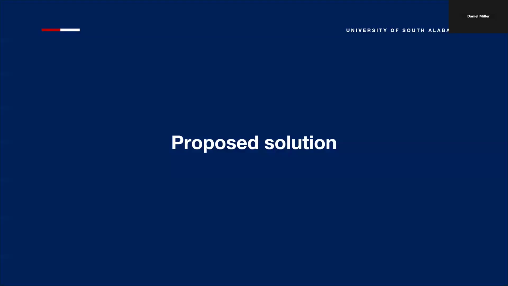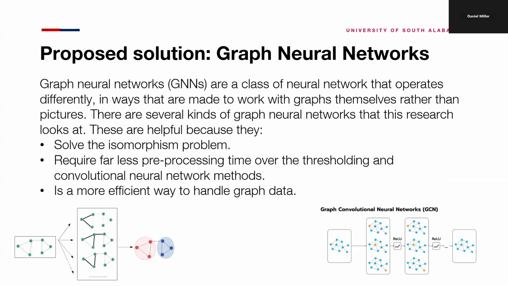So here's my proposed solution that solves the isomorphism problem while still being a little bit more efficient with the data in terms of how we are learning. Graph neural networks are a class of neural networks that you don't really see a lot of, just because there are fewer graph class problems than other classes of problems. There are quite a few graph neural networks that exist; it's not just a specific model.